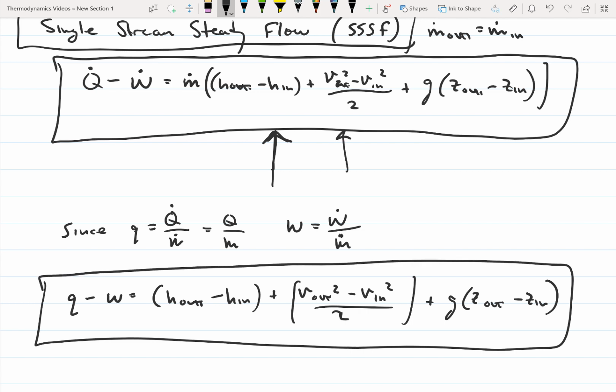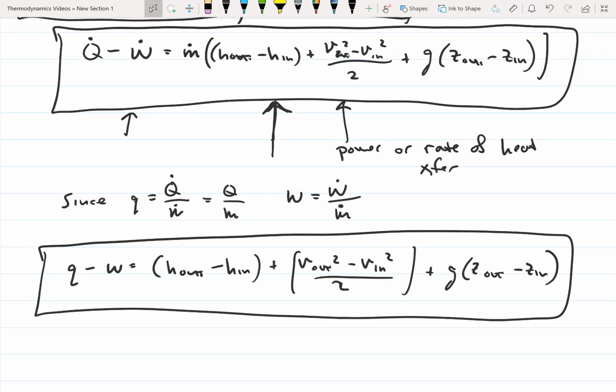So basically these are for the single stream steady flow. With this one, if you're given power or rate of heat transfer, you want to use this equation. If you're given your work or your heat as a per unit mass, you want to use this equation. So if given data per unit mass, use this equation.